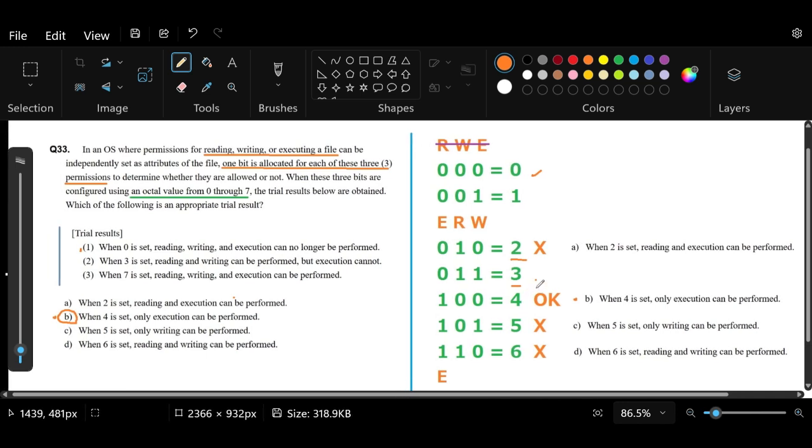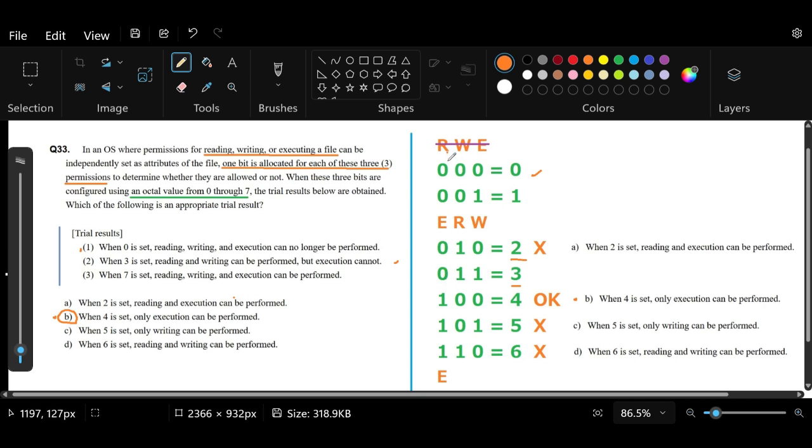If we have reading here for this column, then we'll need to change the sequence, because when 3 is set, reading and writing can be performed.